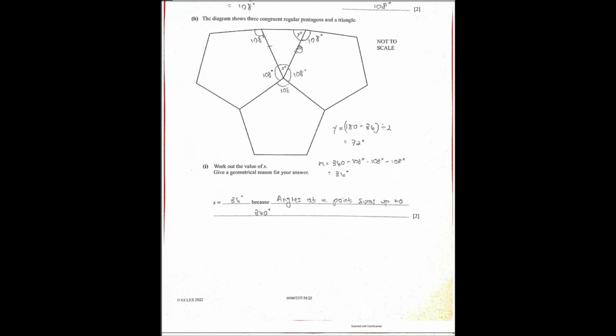So to find the value of y, we just have to take 180 because this whole triangle sums up to 180, minus the 36 that we got for our x value and divide it by 2 to find the y value, which will give us 72. And the reason will be angles in a triangle sum up to 180.